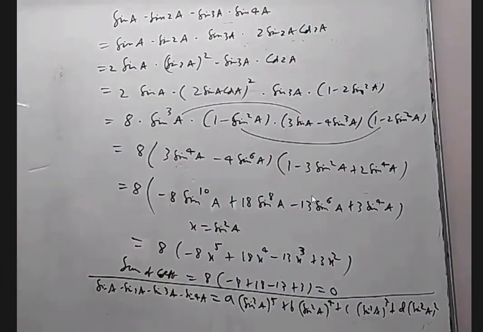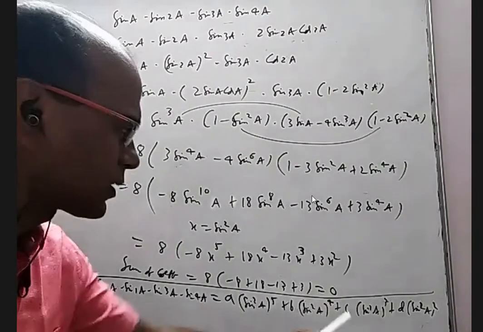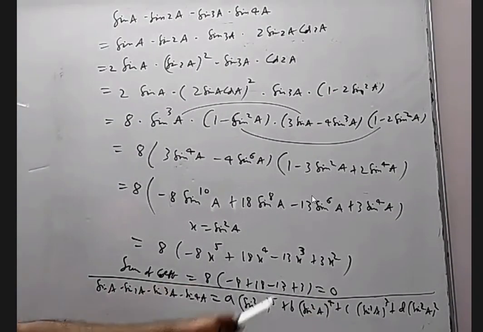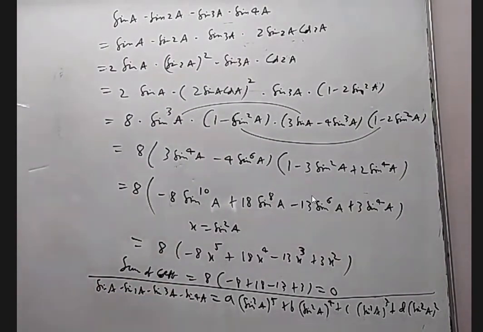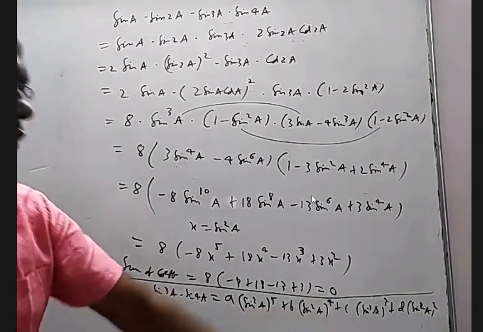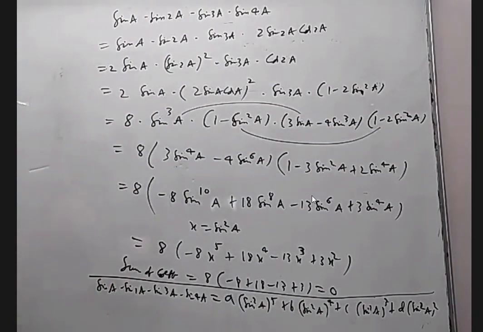If they want the sum of all the coefficients, they want A plus B plus C plus D. Without finding each of them, I can do it. If I put A equal to 90 degrees, I'll get it very easily. Am I correct or wrong?